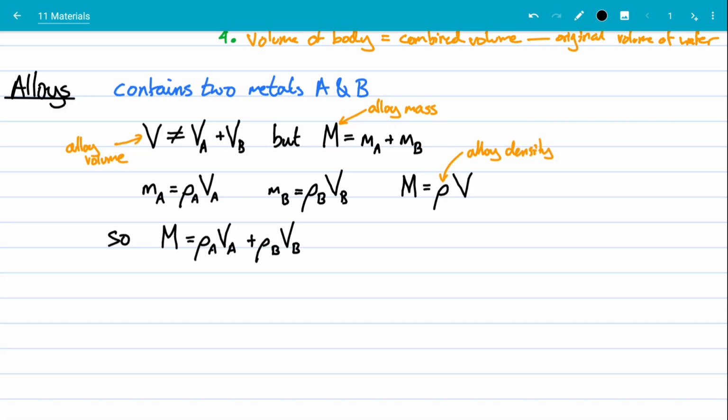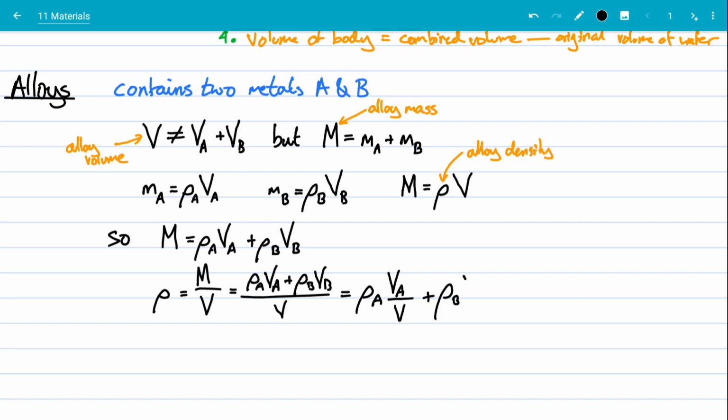So the density of the alloy is equal to rho A VA plus rho B VB, all divided by V. And you can separate that into two: rho A VA over V plus rho B VB over V. I think I might have said it wrong out loud, but what I've written is correct.